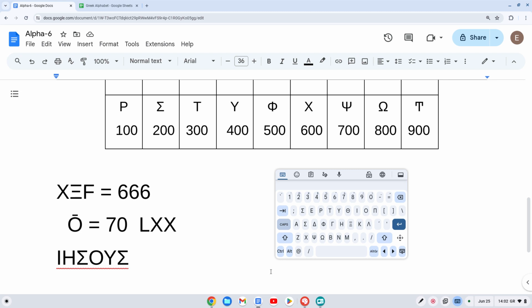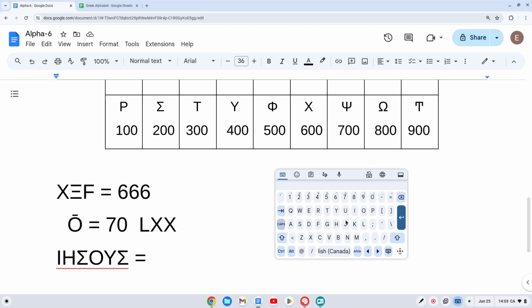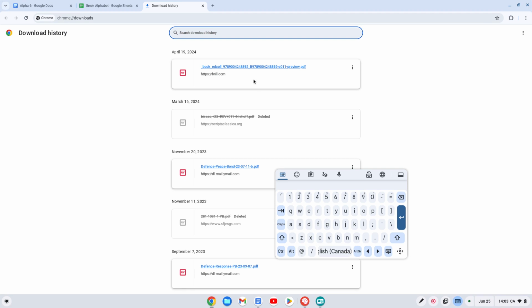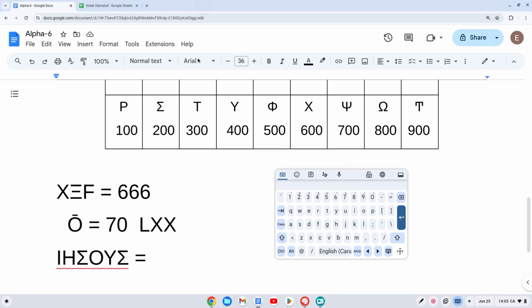However, in the New Testament, it represented Jesus. Whoops. Let's go back to the English keyboard. It's giving me problems. Okay. Let's get rid of that.